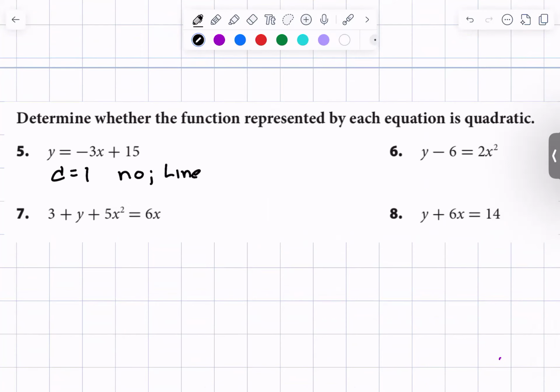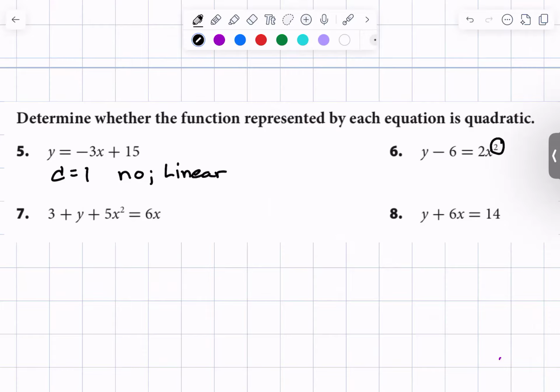This will be a linear function. It'll be a line, with a slope of negative 3 and a y-intercept of 15.